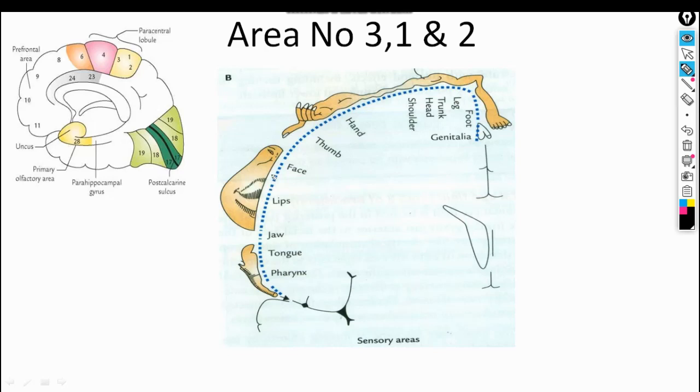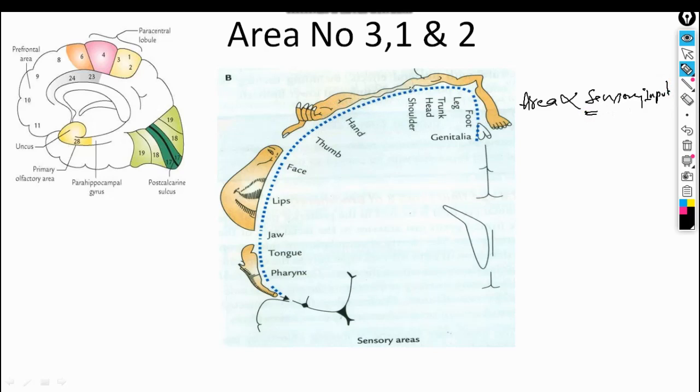See, the area of the lip is much higher, as well as the face, hand and thumb, when you compare with the foot and leg. So this figure shows that the area is directly proportional to sensory input. Clear? The part of the body which has a higher sensory input will occupy a larger area.